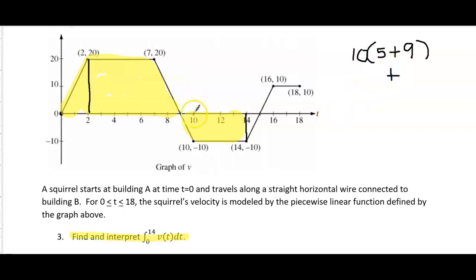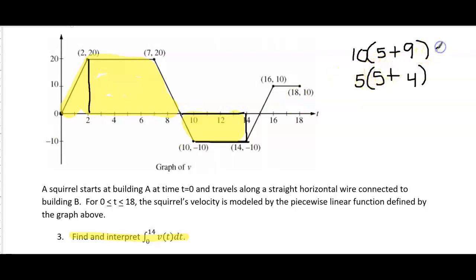And then the other trapezoid has a base of from 9 to 14 is 5. And then another base of 10 to 14, which is 4. And a height of negative 10 cut in half is 5. Now, you can keep it as negative, though, because this is an area under the curve.